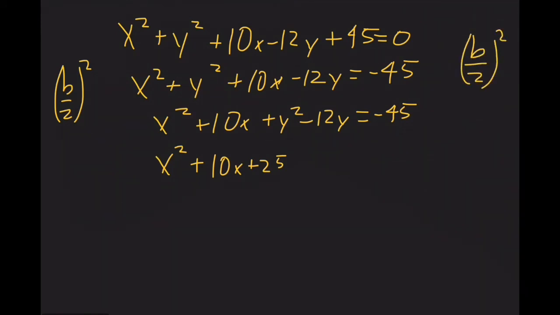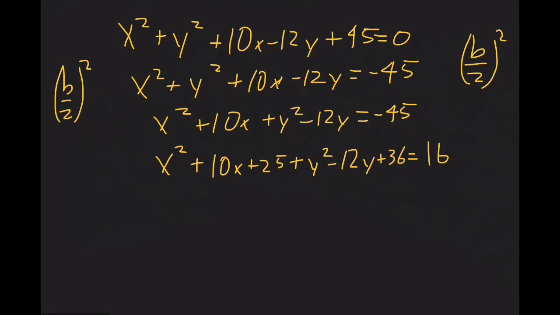So (b/2)² is (−12/2)², and that's 36. So plus y² − 12y + 36 equals −45 + 25 + 36, which is 16.